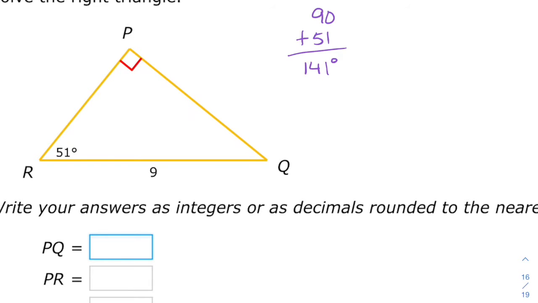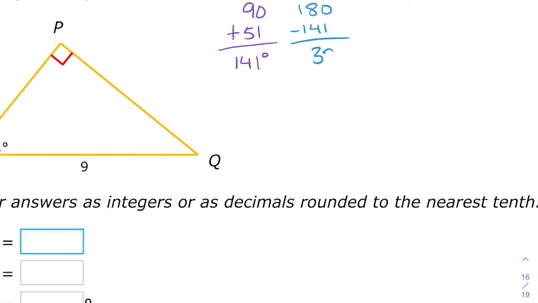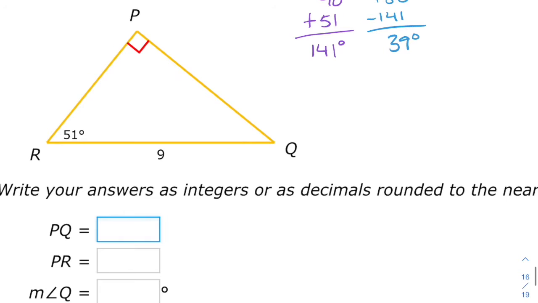And then I'm going to do 180 take away 141, because I want to find the missing piece, and that's going to be 39 degrees. So this one right here, measure of angle Q, is 39 degrees.